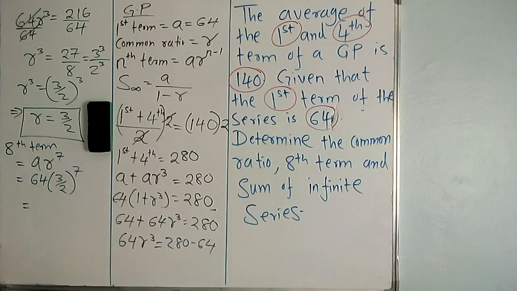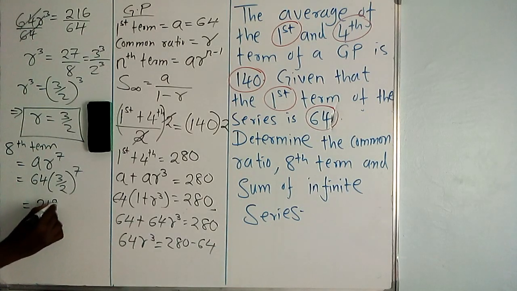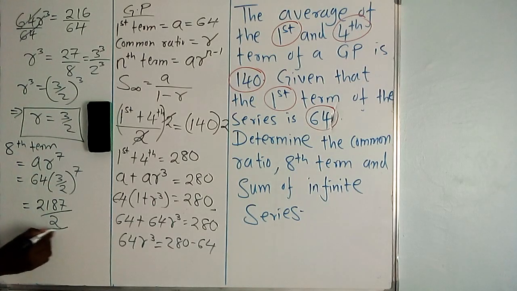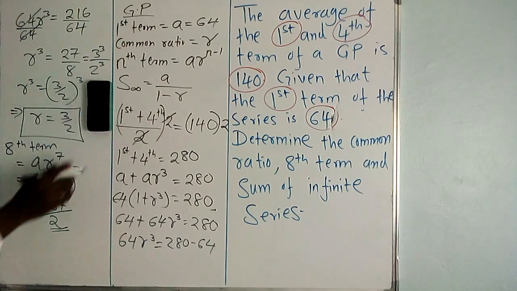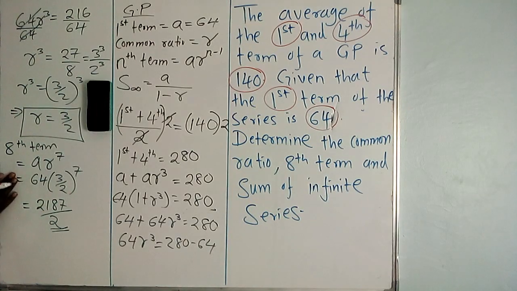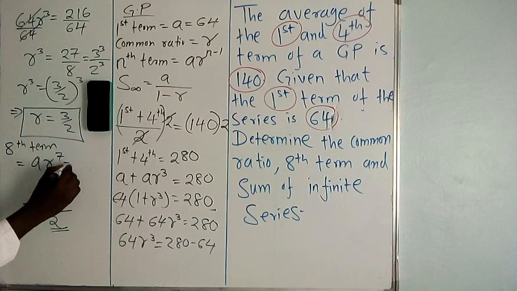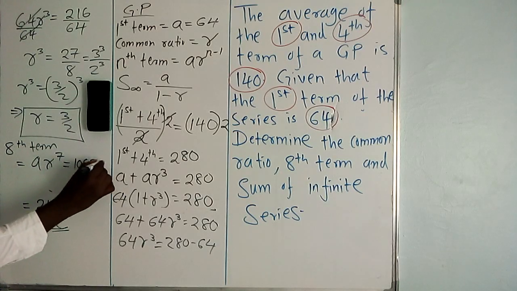You substitute those values into the calculator. We have 2187 over 2, which is the same as 1093.5.